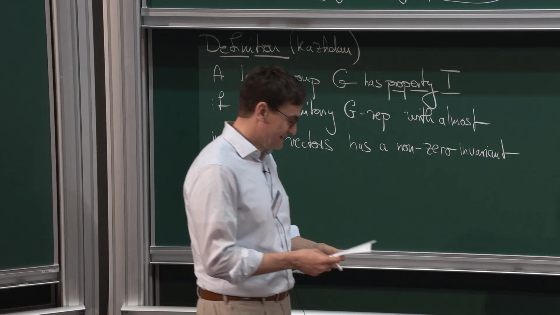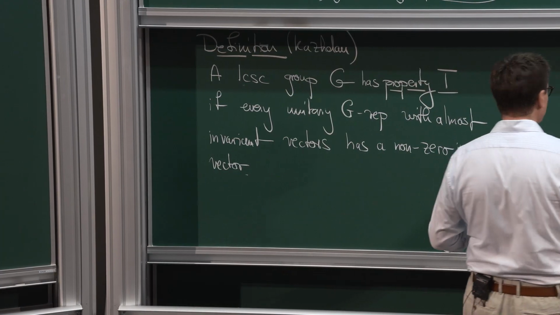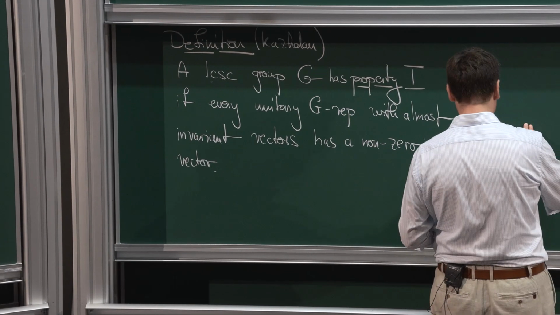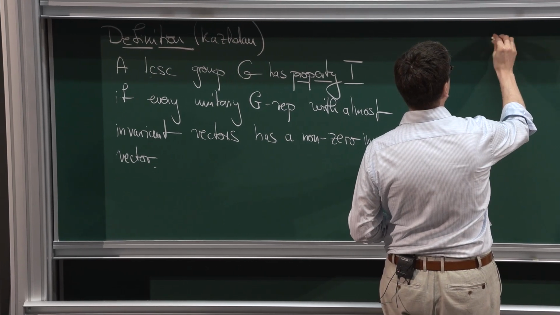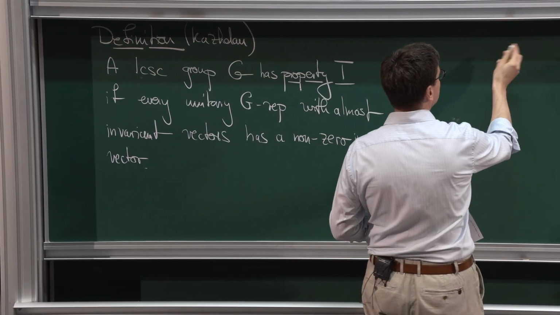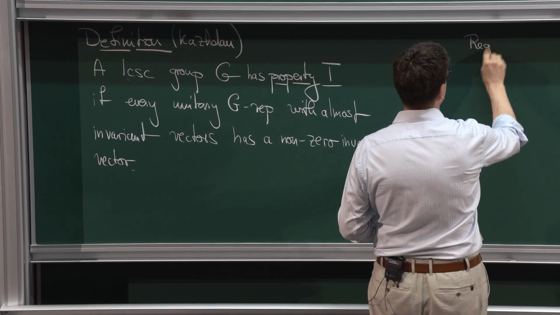It's not just a one-line example. And so we will first see non-examples. And to formulate that, let's look at a specific representation that you always have, which is the regular representation.